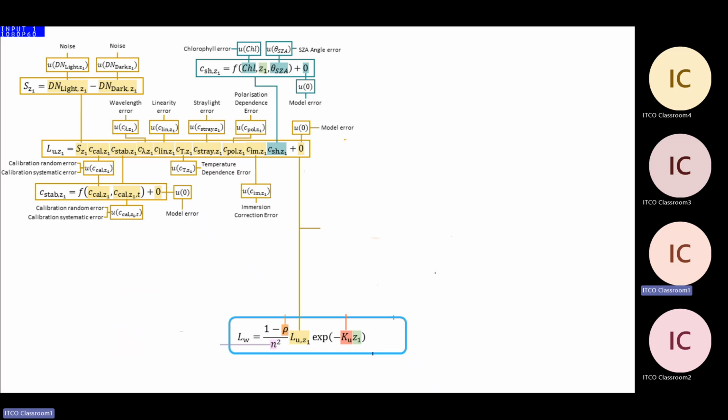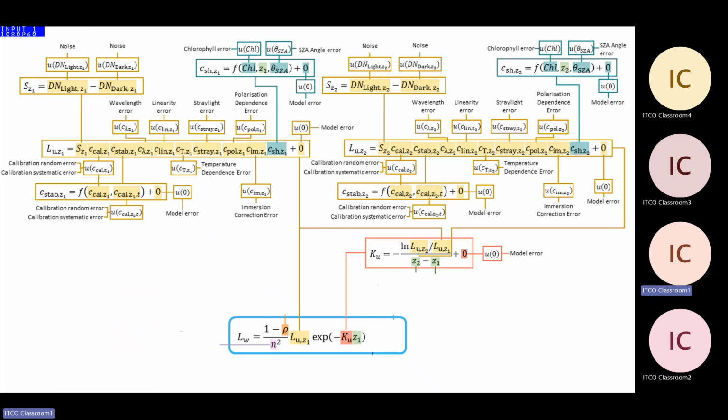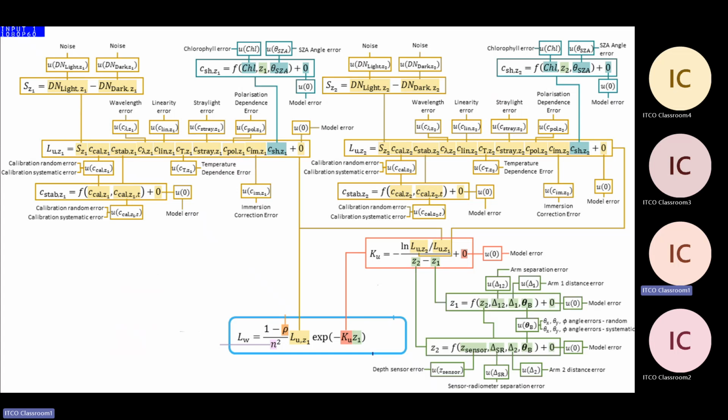Okay. So that's for just the LU measurement at one depth. But then you have a KU in there. So KU is using the two values at the two depths to calculate and extrapolate to above the surface. So of course you will have the same thing for the LU at the other depth, but then you have as well the two measurement depths. Do you know them very well?